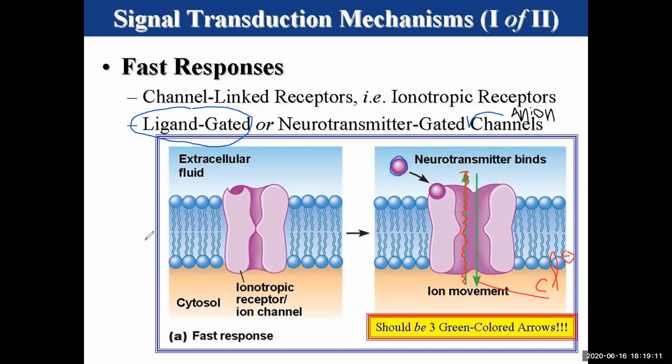So the sodium leak channels only influx sodium. The potassium leak channel only effluxes potassium cations. But these are not gated. These are always open, so they're not on the same concept. These guys we're talking about can be opened by a chemical messenger, in this case, a neurotransmitter, right?